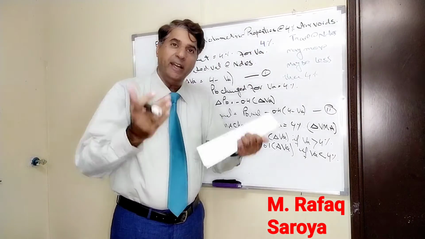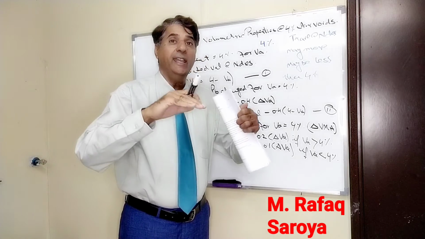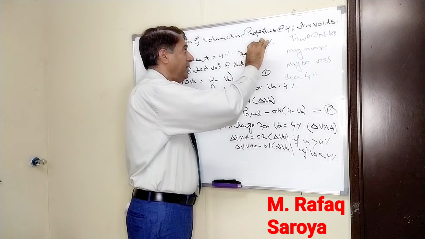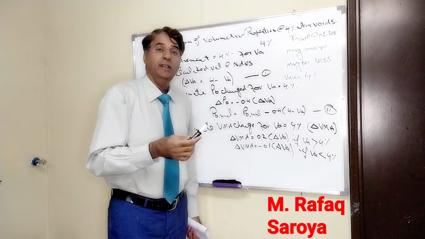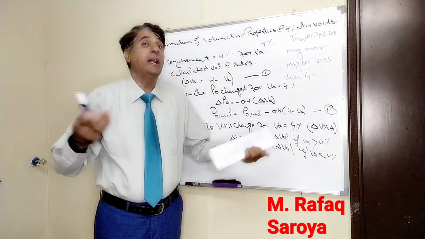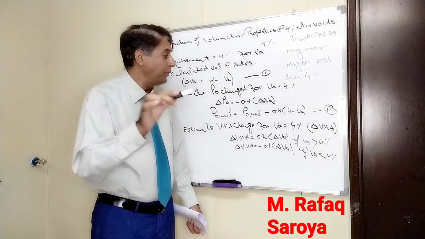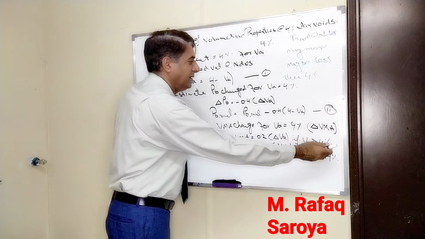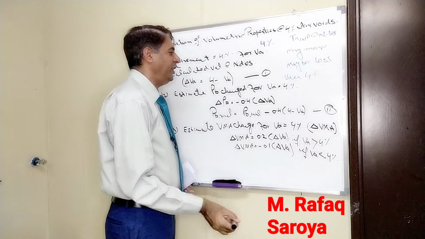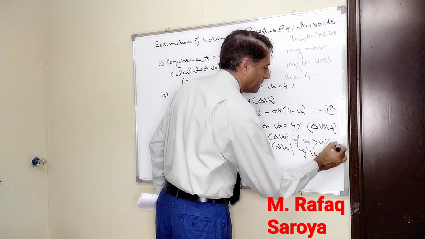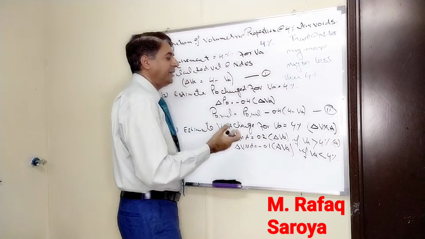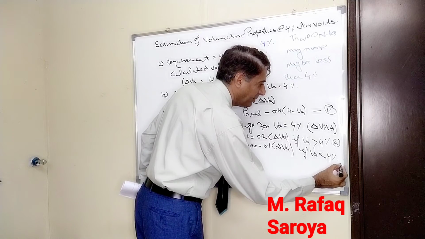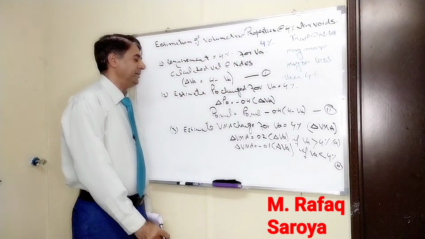When I have made the specimen from this blend, the air void may not be 4%, it can be 4.5, it can be 3.7. If it is 4.5, we will use this condition, let me write down condition number A. If it is 3.4, it is less than 4%, let me write down condition number B.